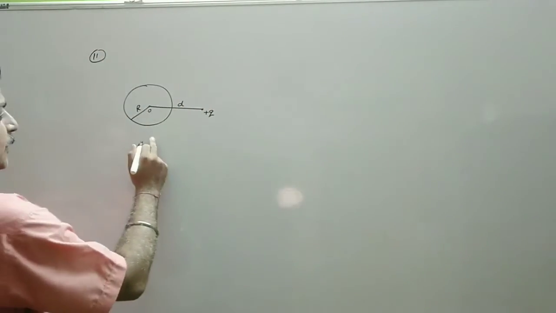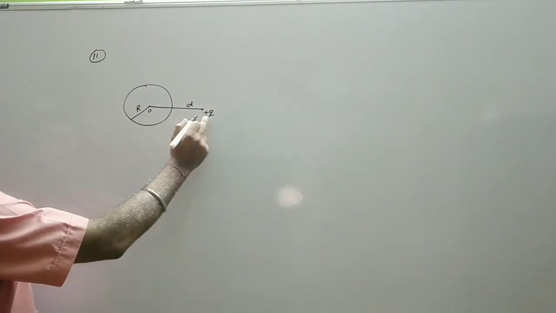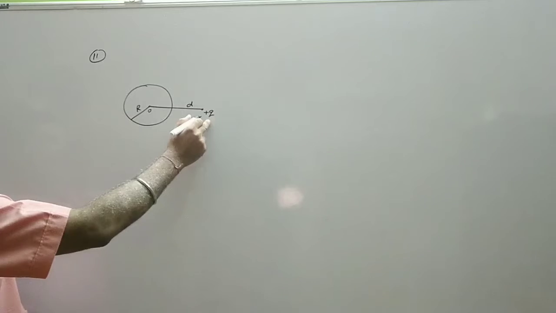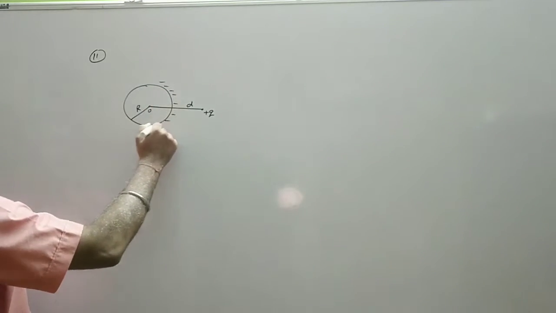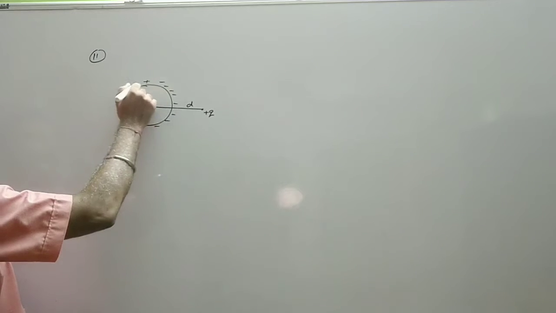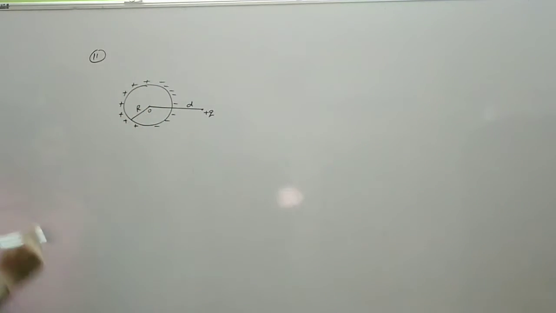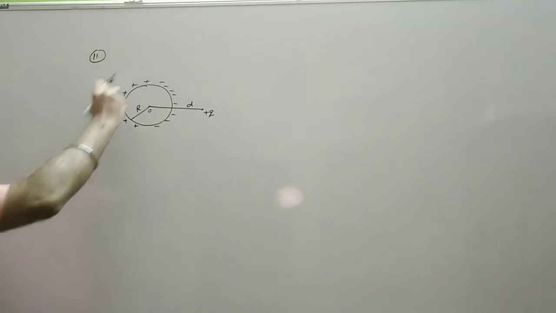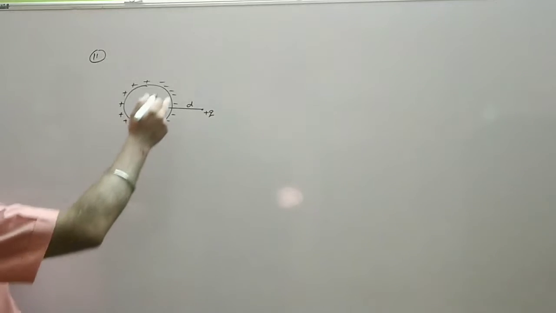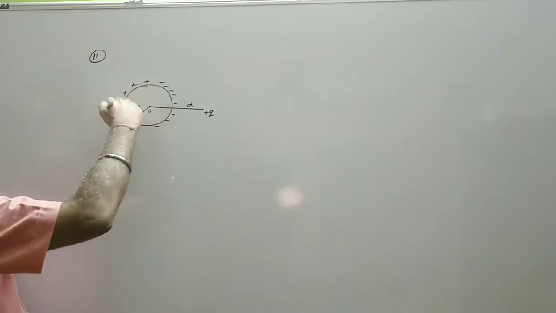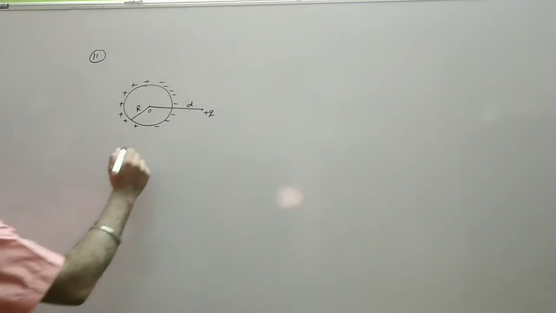Now see, the sphere is conducting. When we bring or keep a charge here, there will be the redistribution of the charges. That is, the induction will be there, and this will be the distribution of the charges on the sphere. Now, if I want to find the potential of this sphere, the total charge is 0.